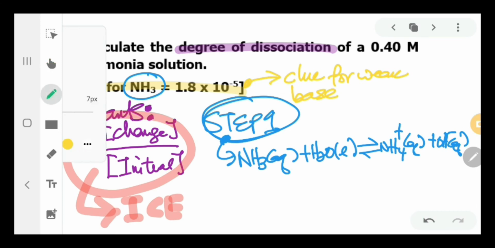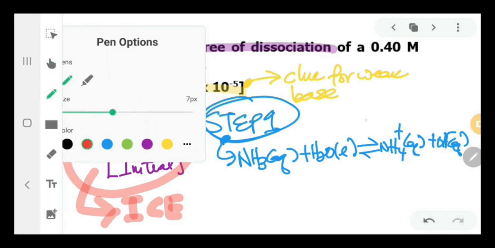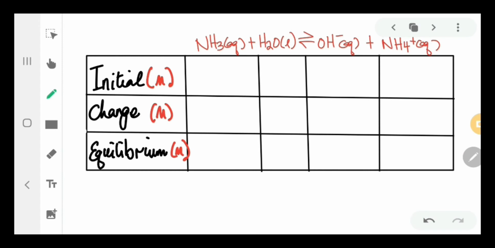By writing that balanced equation, you get 1 mark. Now let's have a look at this balanced equation with the ICE table. You have your balanced equation written on top.